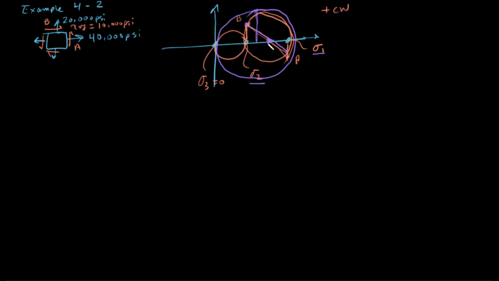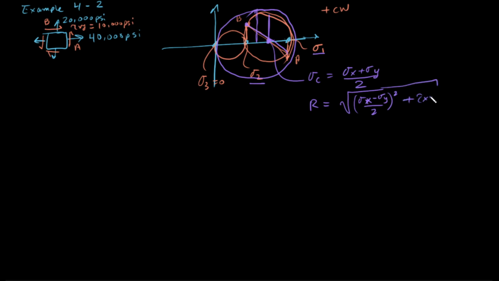I'll find the center of this circle: sigma c is sigma x plus sigma y over 2, and the radius of that circle is the square root of sigma x minus sigma y over 2, squared, plus tau xy squared.